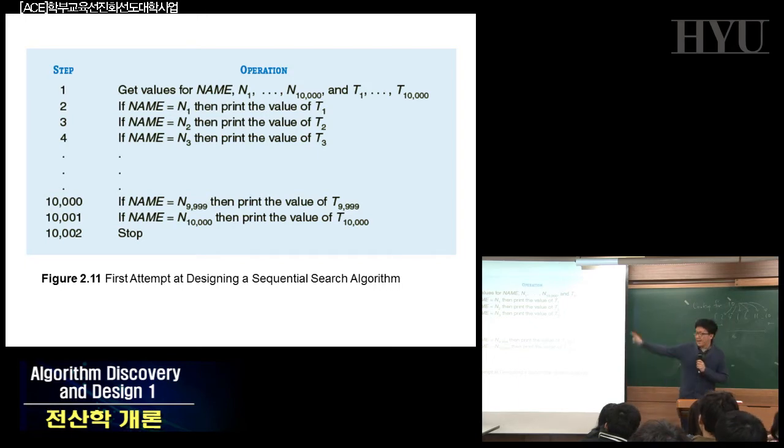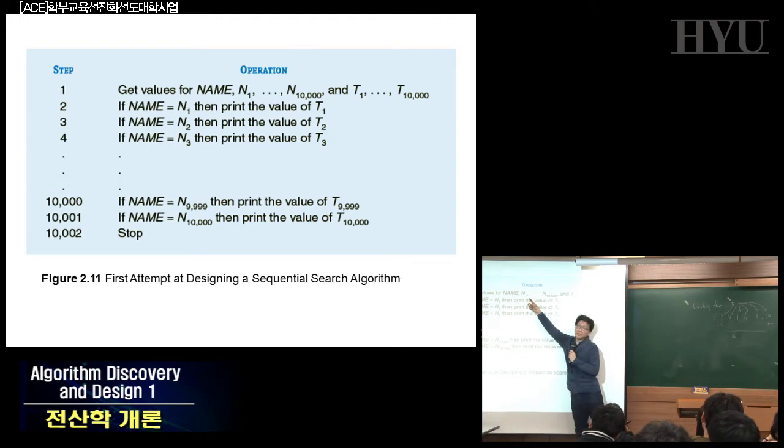For example, N representing a name, and T means telephone number. Your cell phone number, for example. So I have 10,000 names and 10,000 telephone numbers. And N1, my name's Young, okay. Young's telephone number is stored in T1, okay.